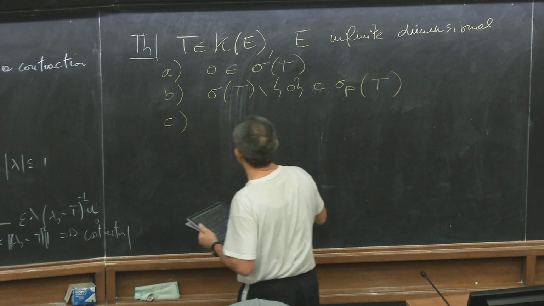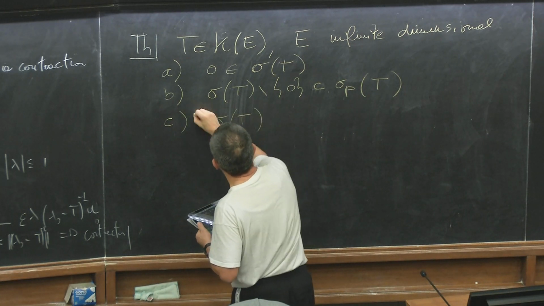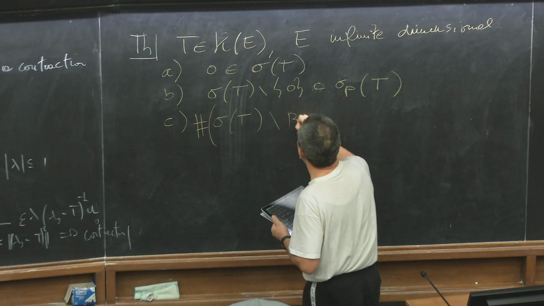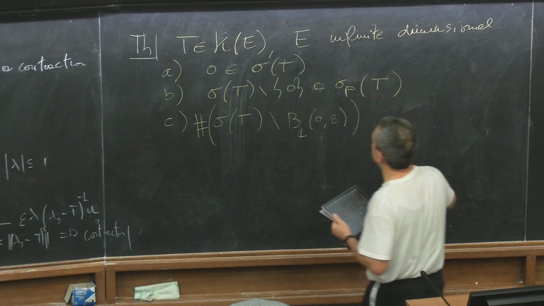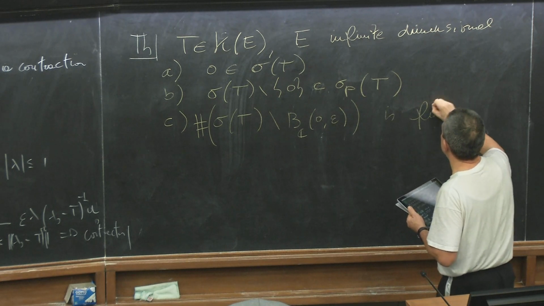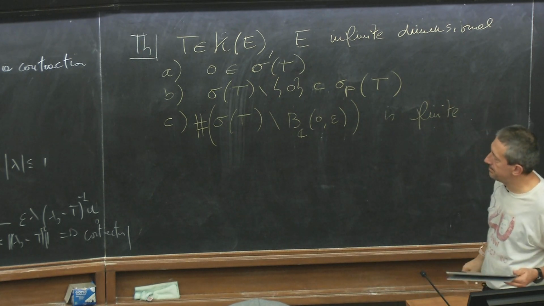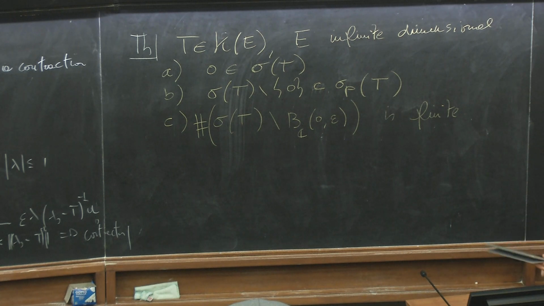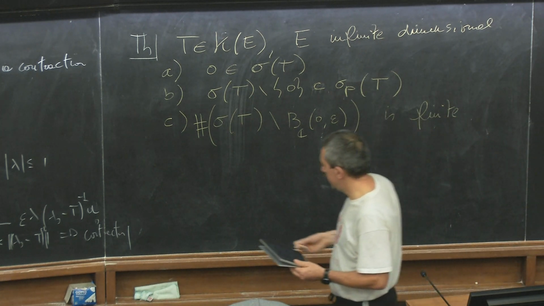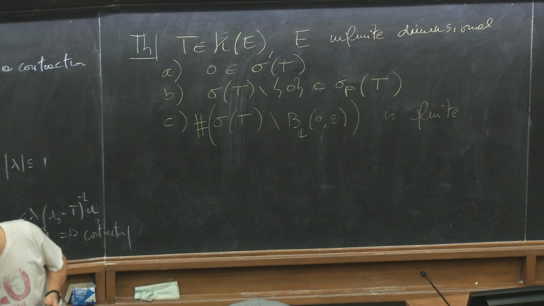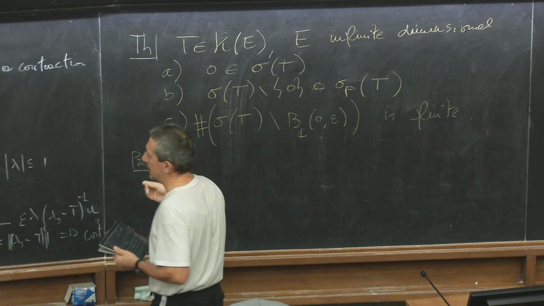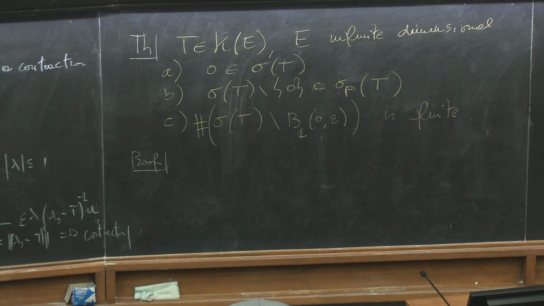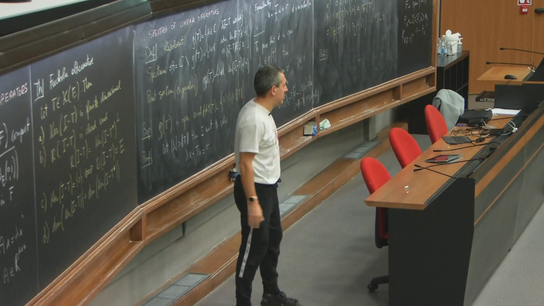And the point is that sigma of T minus any ball centered at 0 of radius epsilon is finite. So it's much nicer than generic operators, where you can put the spectrum almost everywhere and then find an operator which has this property.